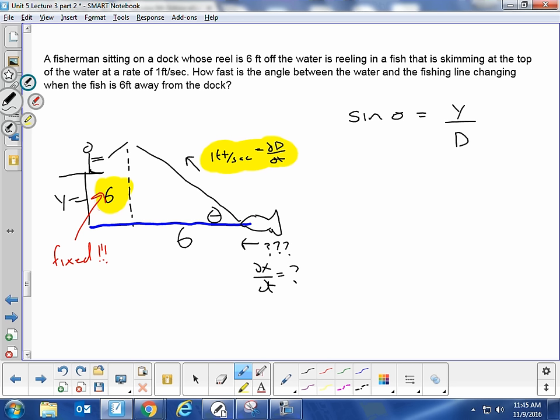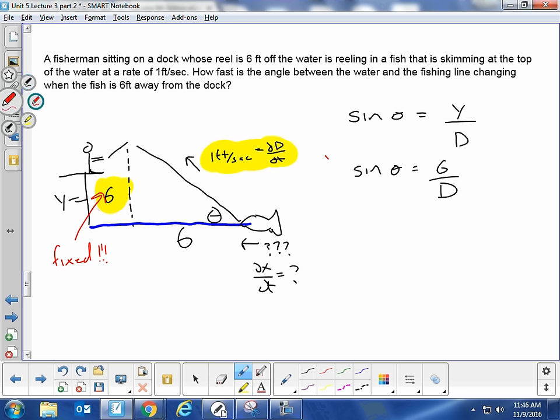Okay. And again, we can plug in our fixed values. Well, we talked about how the fisherman's pole's height is fixed. So I can write sine of theta is equal to 6/d. Now, the reason why I skipped the previous one and went to this one is for this situation.